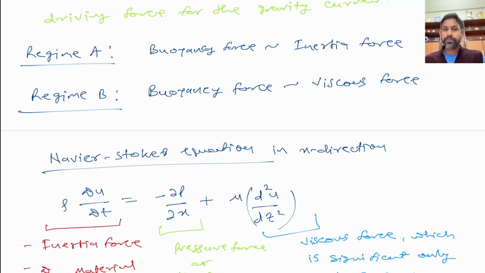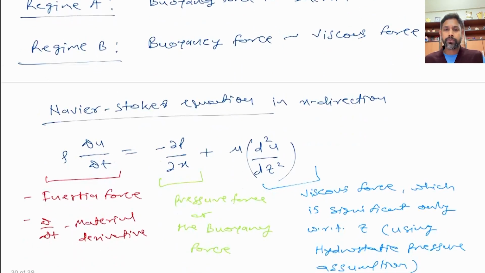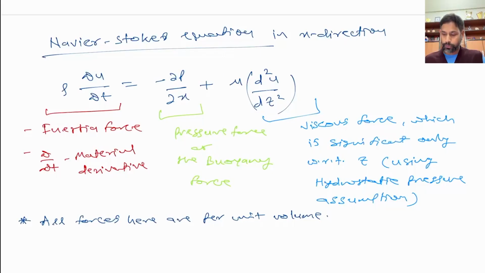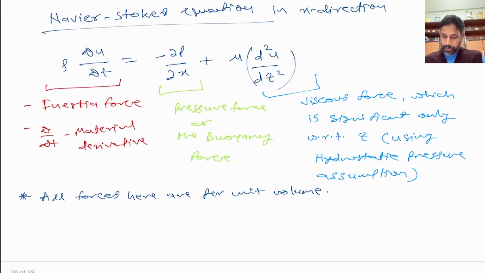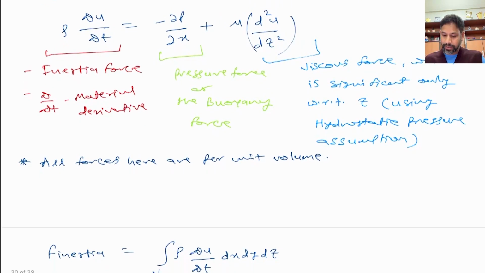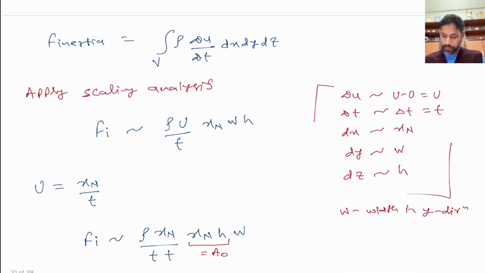Okay, so we have three different kinds of forces and we are trying to find their dimensionally equivalent form, and we use the Navier-Stokes equation for finding these three forces. We know that this equation is defined as force per unit volume, so we integrate this equation over the volume, and we find all the forces one by one.